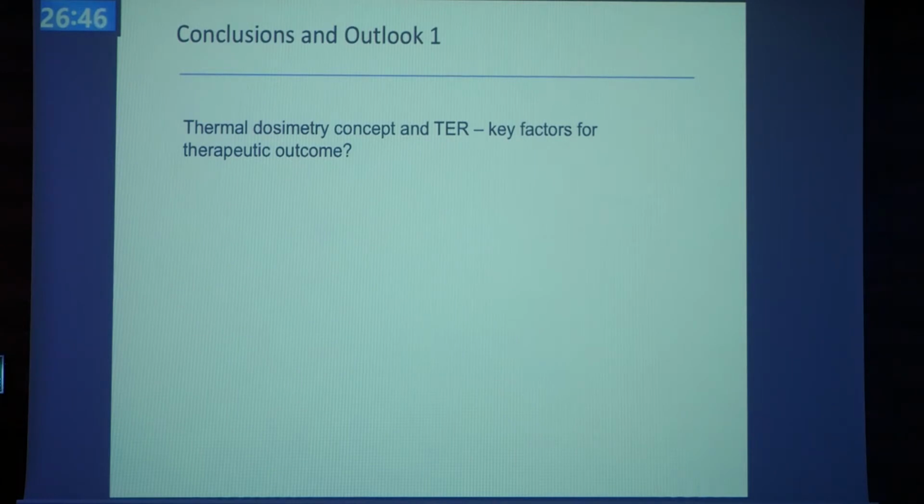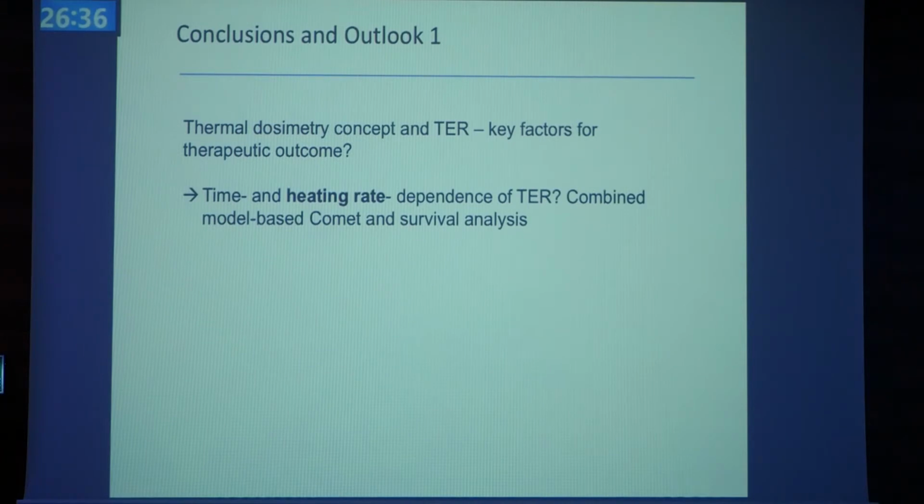I come to the first conclusions. I have 2 sections of conclusions. First, when we look at thermal dosimetry concepts, we should look at time and heating rate dependence in future. We actually have an indication that the initial heating rate will strongly modify the biological response. If this is the case, we have to look for additional biological processes or mechanisms.